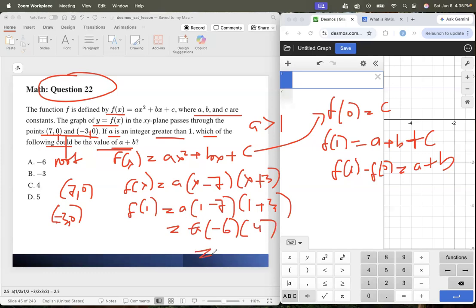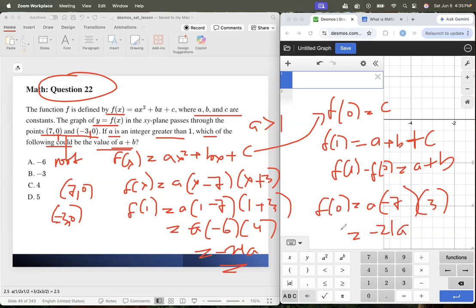That means minus 24a is f of 1. What is f of 0? f of 0 is the same thing. I put 0 here, I have a. If you put 0 here, it's going to be minus 7. If you put 0 here, it's going to be 3.